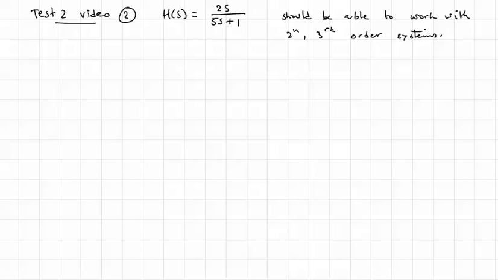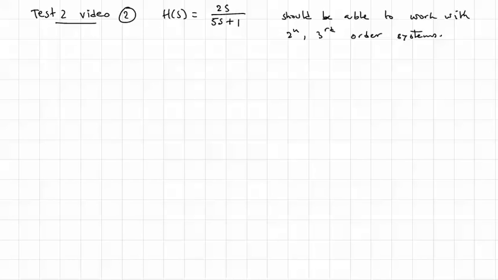Yeah, you have to do some partial fraction expansion, but it's the same tools that we're using. So for the sake of expedience here in this video, I'm going to use this simpler example, but make sure that you can work a higher order system, second order certainly, and even a third order.